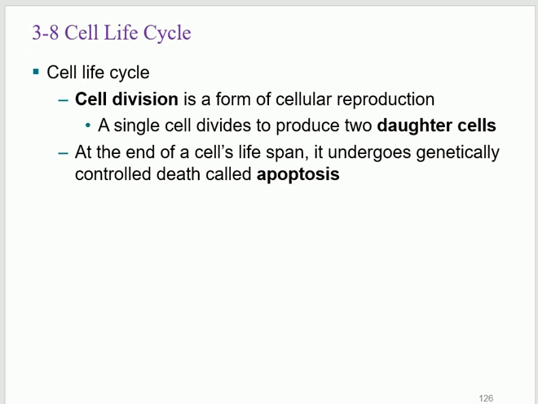Why don't you just leave it? Because first of all, it's not doing the work. Number two, if you leave it, it can start damaging other things and it can actually change to a tumor or cancer if it goes beyond its lifespan. So this apoptosis is actually something protective. And guess what? If you lose it, you get cancer.